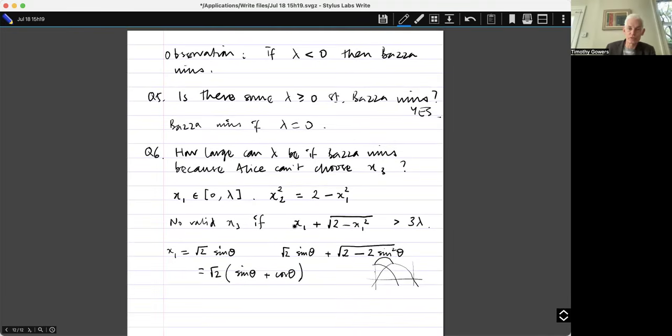So this is minimized at the two extreme points. So Alice has two options here. One is to choose x1 to be 0, making it as small as possible, and the other would be to make x1 to be root 2, which she may not be able to do. It will depend on what lambda is.